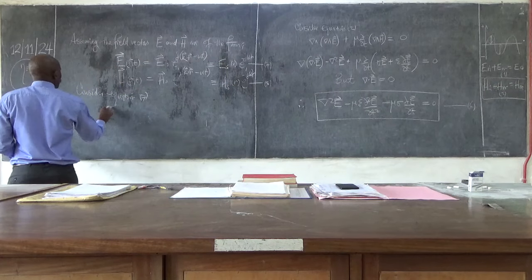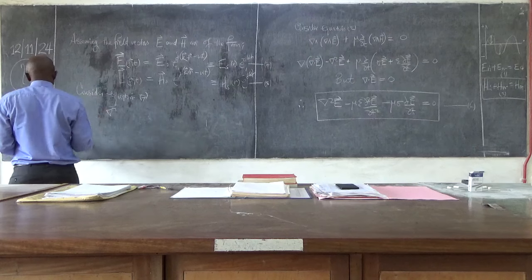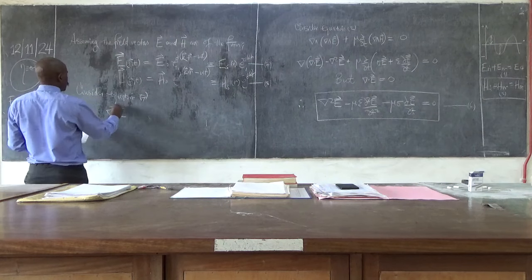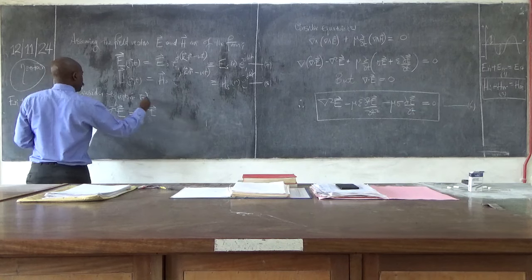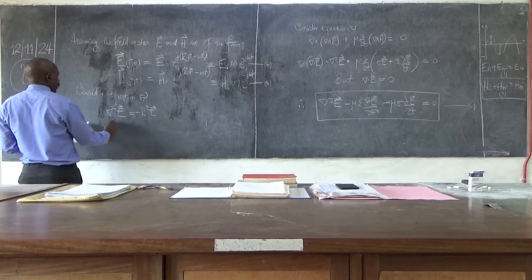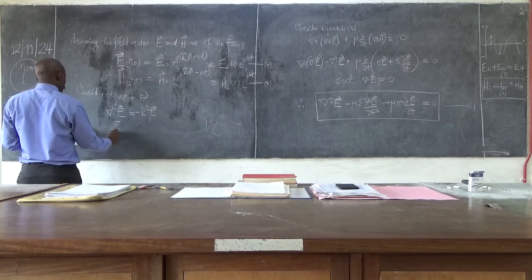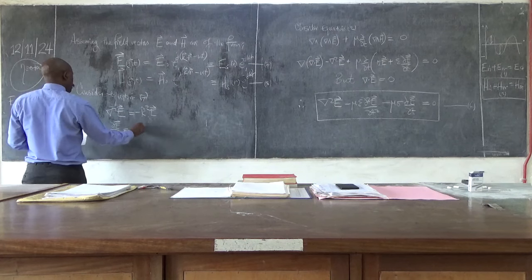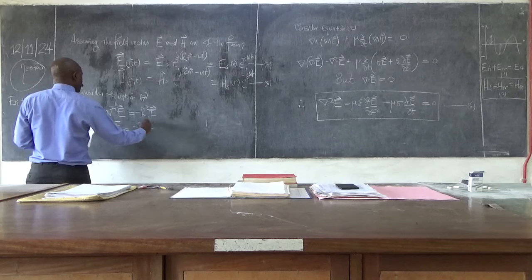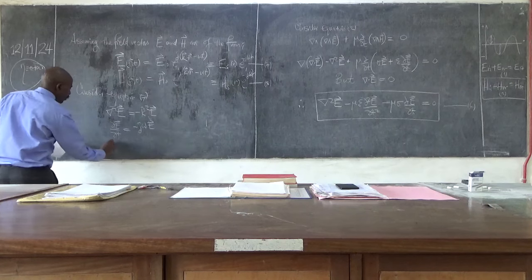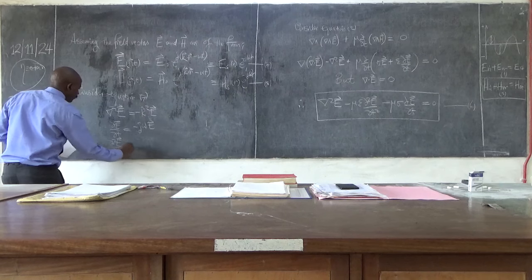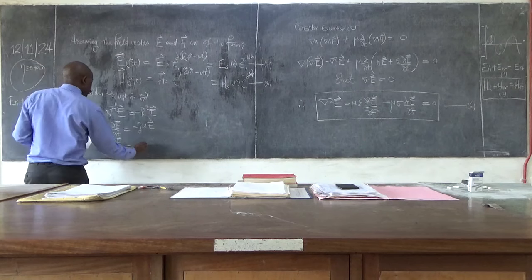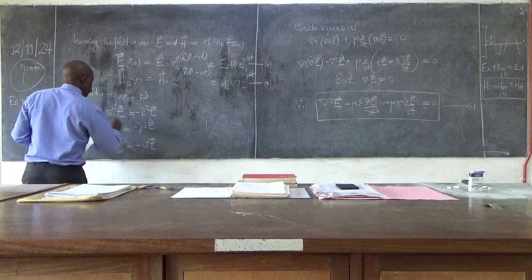Grad squared E will be equal to −k² E, and ∂E/∂t will be equal to −jωE. ∂²E/∂t² will be equal to −ω²E.